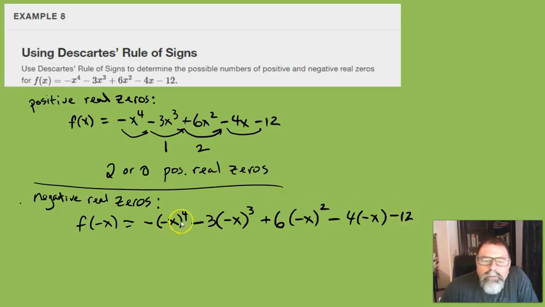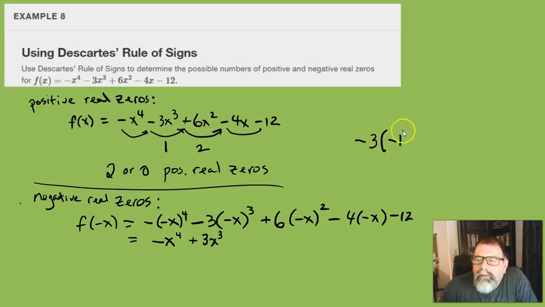And from what I showed you before, the even ones, the sign cancels, so this negative cancels, and it'll just be negative x to the 4th. This one, it's odd, so negative 1 comes out times this negative, so that one switches to 3x to the 3rd, right? So negative 1. Let me just show you all the work that's going on.